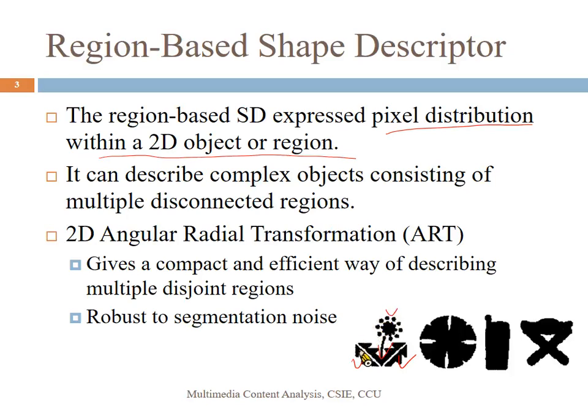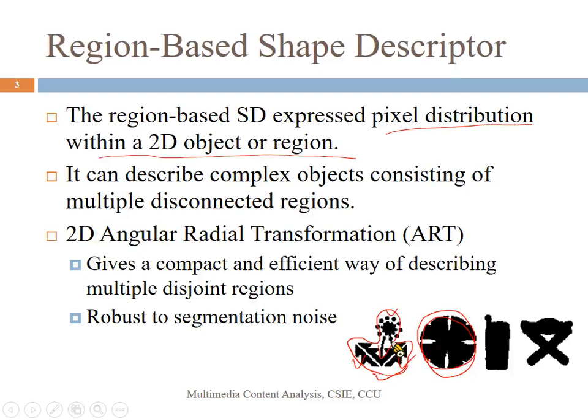If we describe the contour of this object, that would be very complex. But if we find a region that can roughly cover this object, then we can have a much simpler descriptor. So maybe we can find a region like this, and then we just describe this region by the shape descriptor. For this region, we may describe it as a circle, and so on.